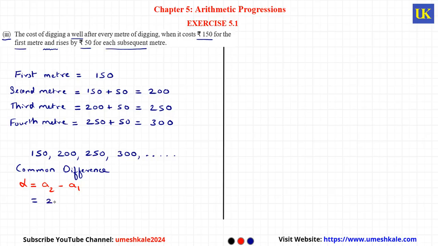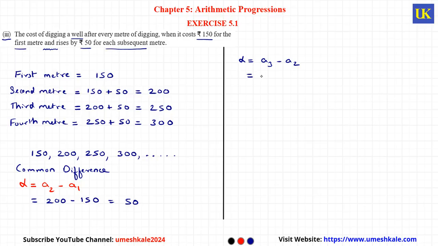A2 is 200 and A1 is 150. So the common difference is 50. Now we will check another time, between A3 and A2.